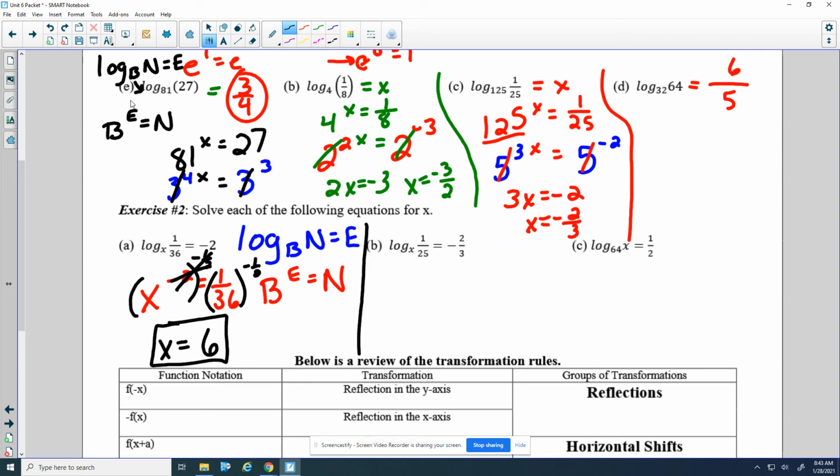So looking at the next one, base to the exponent equals the number. Here's another one where I need to get rid of a numerical exponent. So I'm going to raise that to the negative 3/2 to cancel it. So reciprocal exponent.